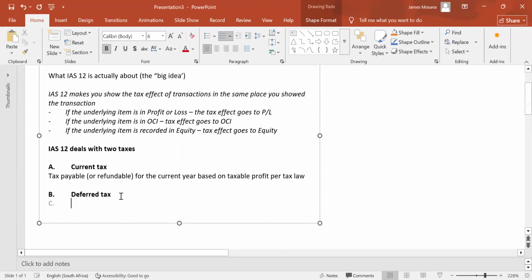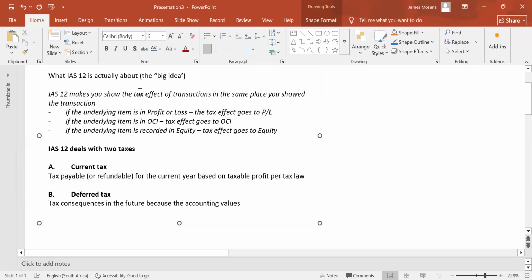These are the tax consequences in the future because the accounting values differ from the tax values.